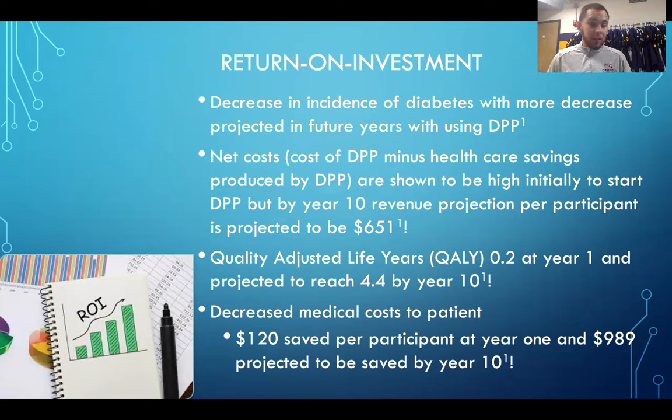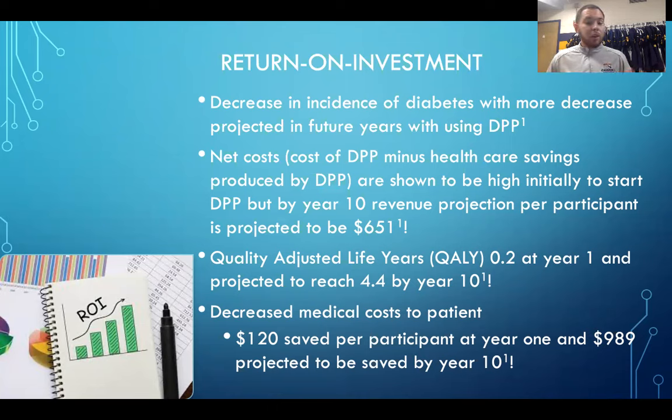But by year 10, they're projected to have $651 profit of revenue per participant. So that's great because now the healthcare organization is happy when we show them this data, that they can make money off of this, which is important because healthcare, unfortunately, is a business. So we have to look at the business aspect of things sometimes apart from the healthcare.